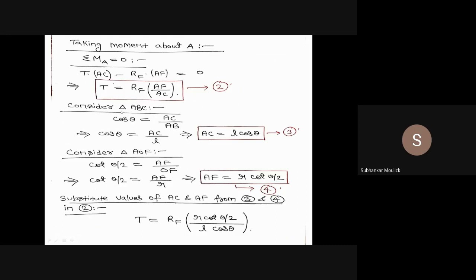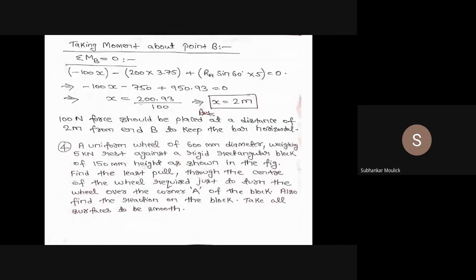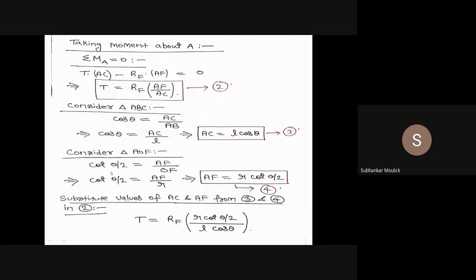But we want to find the expression for tension T in terms of theta. That means again we have to use some geometry to convert RF, AF and AC into theta, because only then will we differentiate that expression, make it equal to 0, and get the minimum torque and minimum angle.